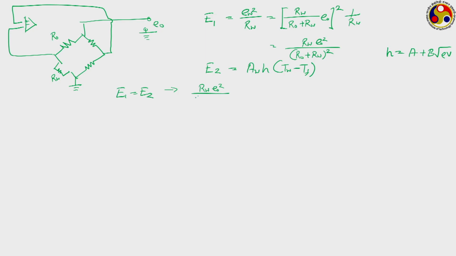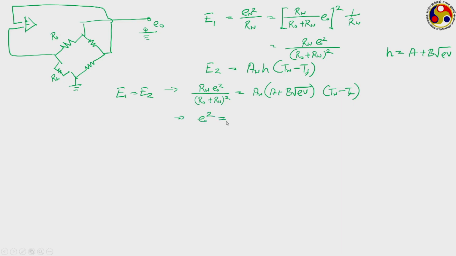RW E naught square by (R naught plus RW) whole square is equal to AW into (A plus B root rho V) into (TW minus TF).